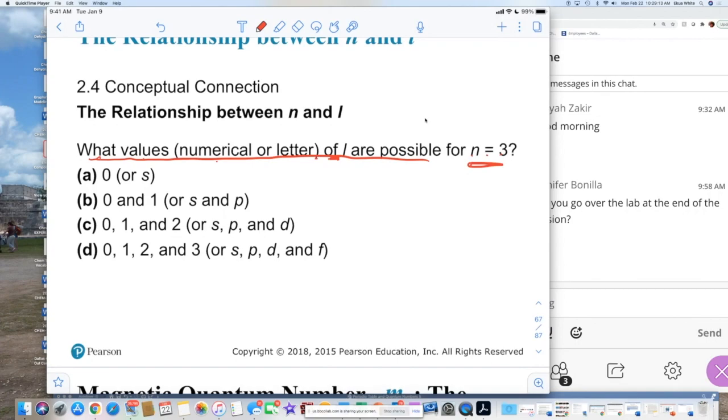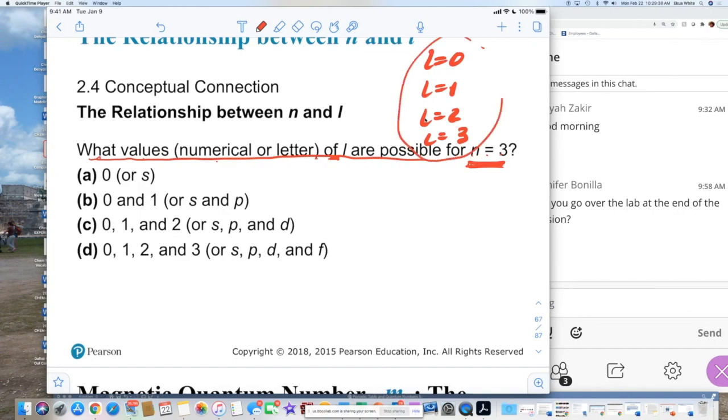They're asking you, there's so many different values of L. Based on what we've seen right now, we have 4 different major shapes, right? So we have L is 0 for the round one, L is 1 for the one that has 2 bubbles, L is 2, L is 3, right? But they're asking you, how many of these L's are possible when N is 3? That's how I read the question.